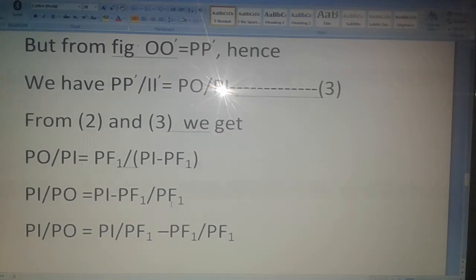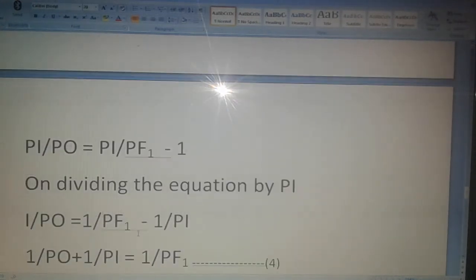Here the denominator is PF1. The right hand side, if we separate into two fractions, becomes PI by PF1 minus PF1 by PF1. This part gets cancelled and 1 will remain. So PI by PO is equal to PI by PF1 minus 1.